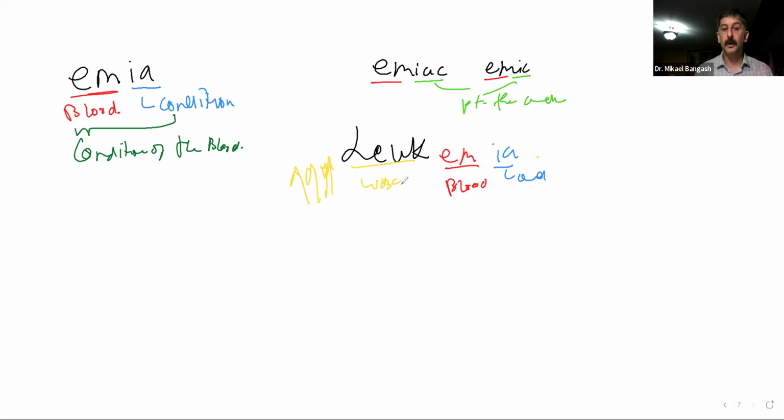That's what we call leukemia. But once you see that it ends with emia, it's a condition having something to do with your blood. Did you guys get that?